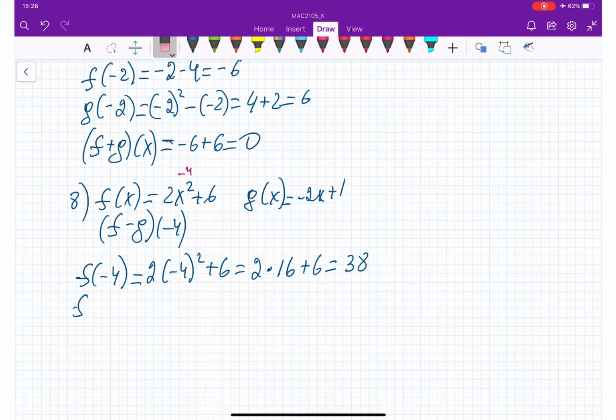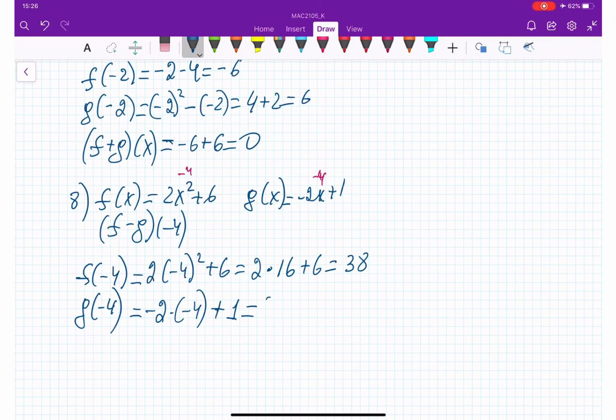Next we are doing g of -4, which means plugging in -4 here, and we are getting -2 times -4 plus 1.